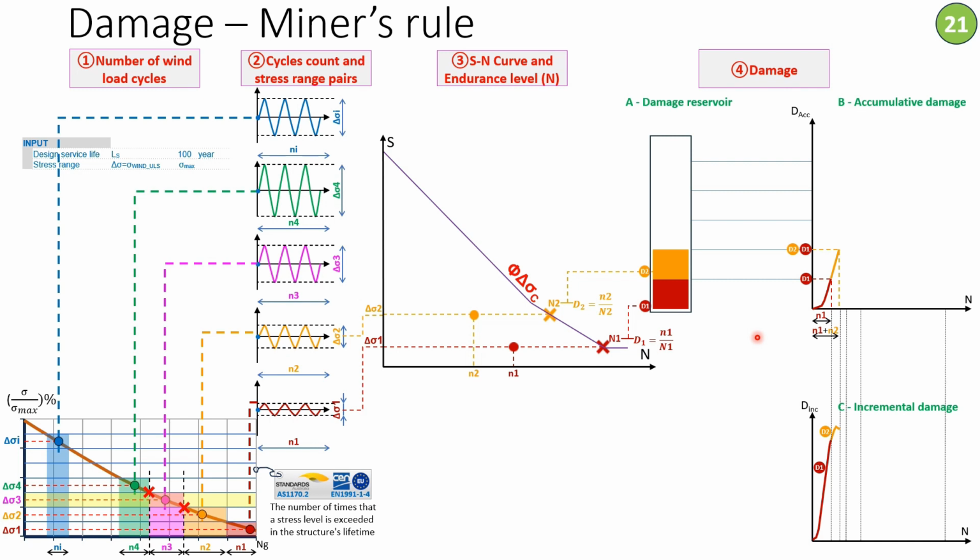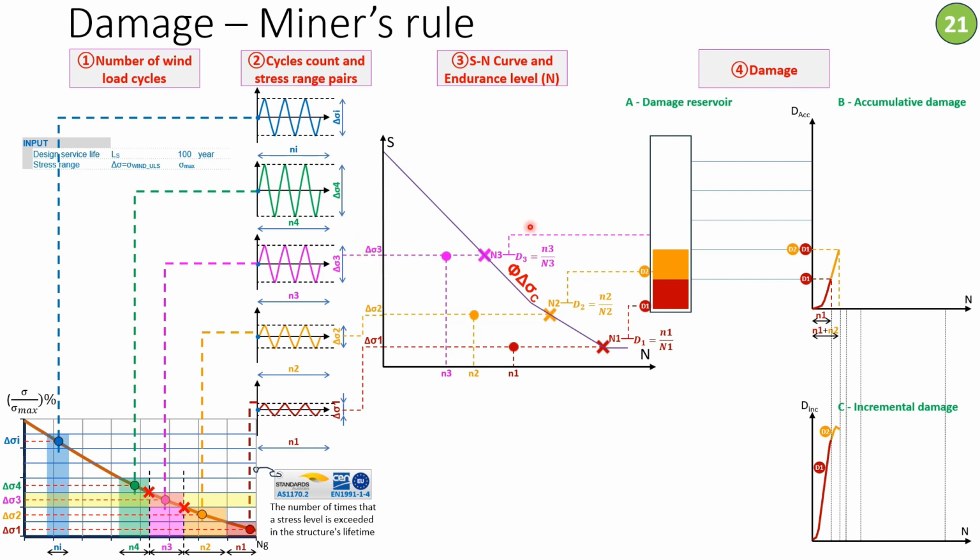Same thing for delta sigma 3, and probably that's going to be a repeat of what I've explained, one more time to make sure that everyone is on the same page. So delta sigma 3 happens for a number of cycles equal to small n3. Then we get the endurance, which is the maximum number to failure for a structural detail subjected to a stress range equal to delta sigma 3. Miner's rule applies.